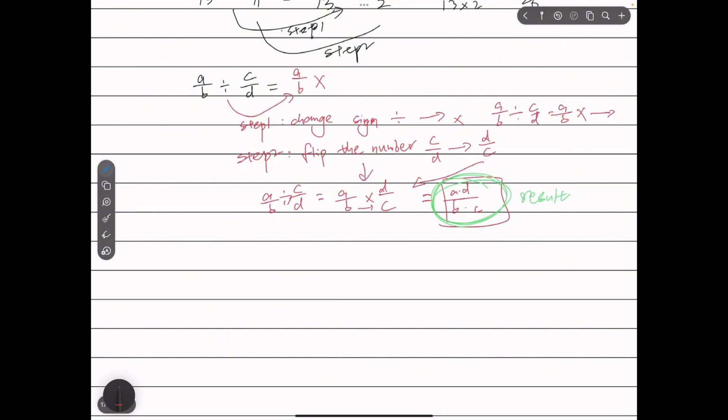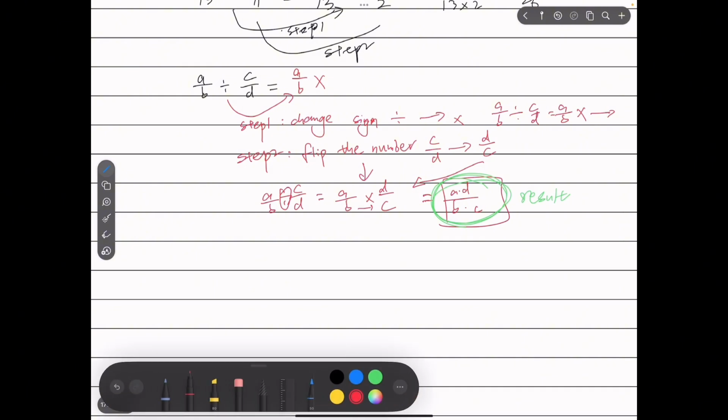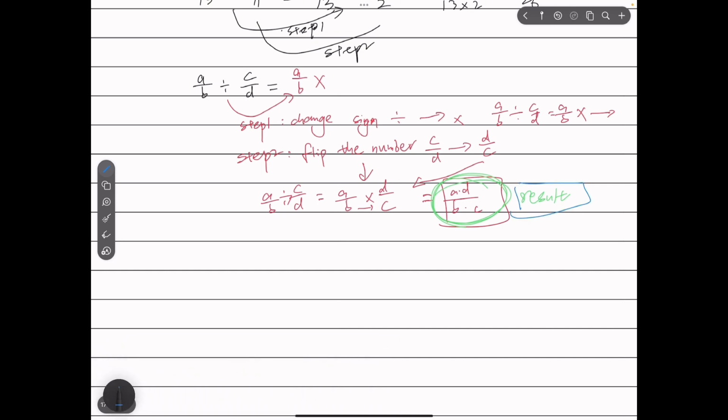And if we need to simplify it, we can simplify it. So that's everything I just said. Basically we need to convert the division to multiplication, and from there we can get the final result.